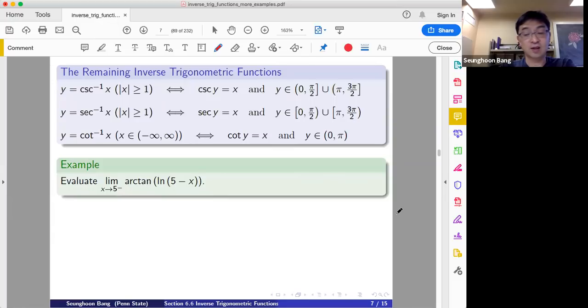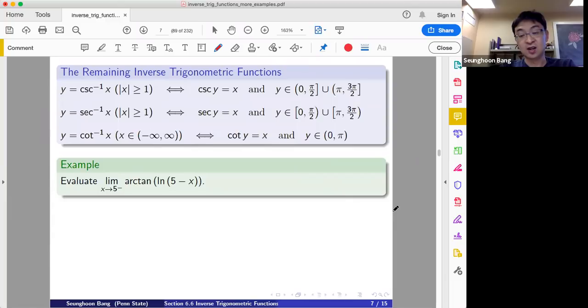We can evaluate this one. So, how can we solve it? Do you have any idea for solving this problem? You don't need to draw the graphs of inverse cosecant, inverse secant, inverse cotangent.